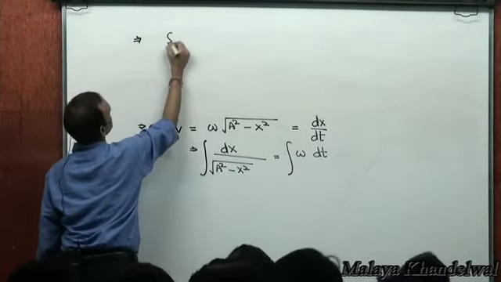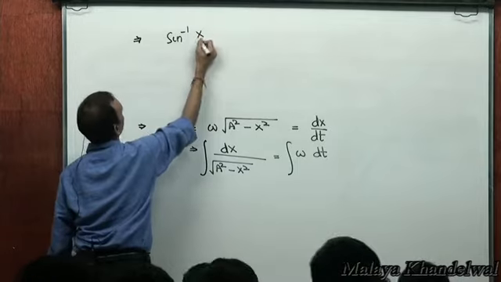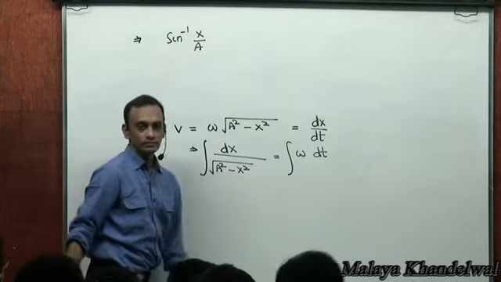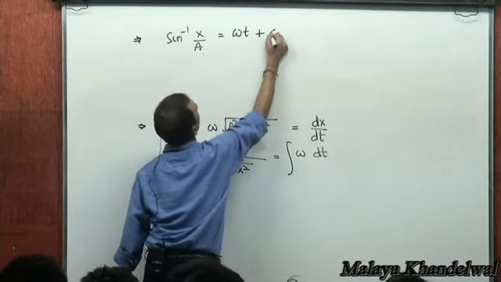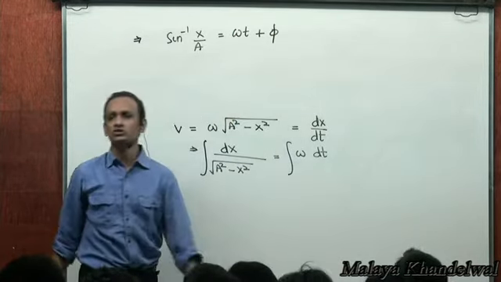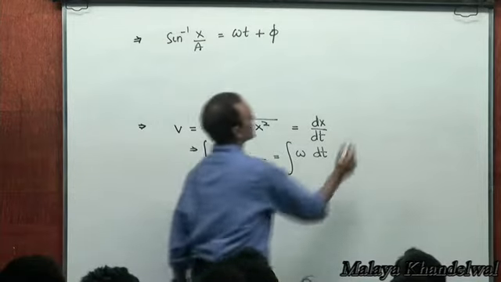So we get sine inverse x by a equal to omega t plus a constant of integration phi.